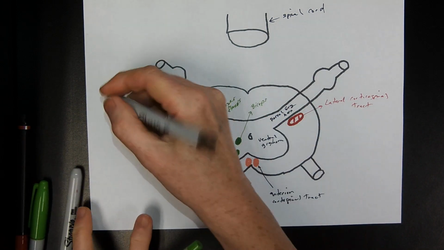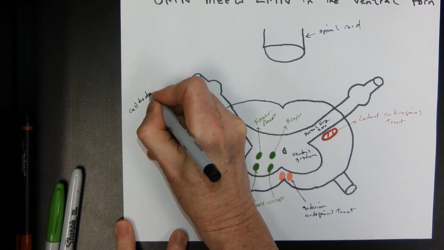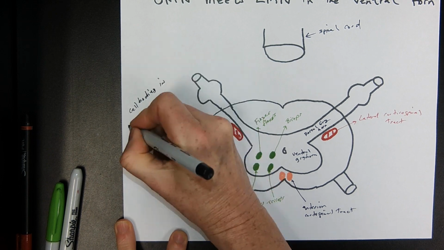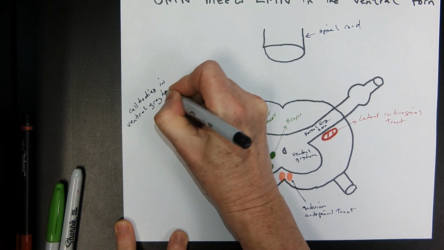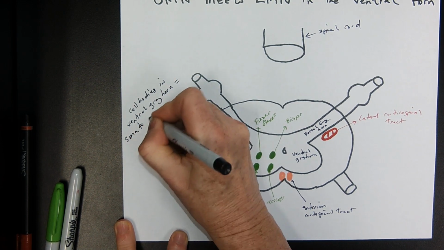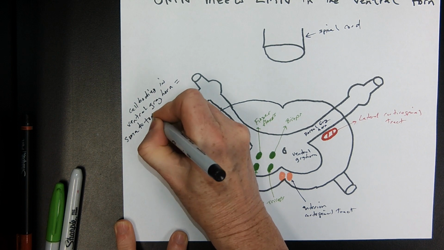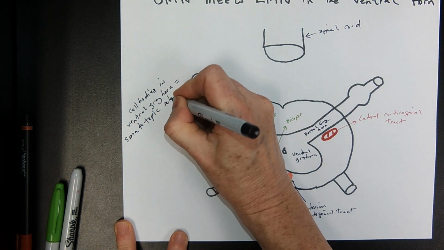So cell bodies in the ventral gray horn that have a somatotopic relationship, organization, whatever you want to say.